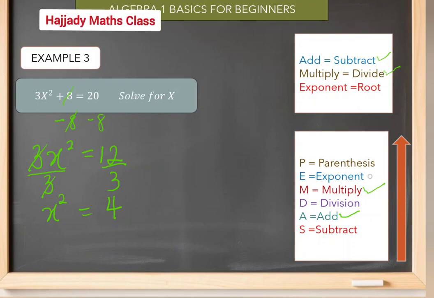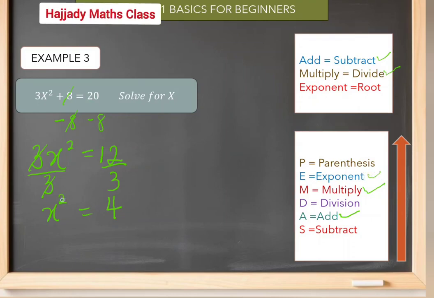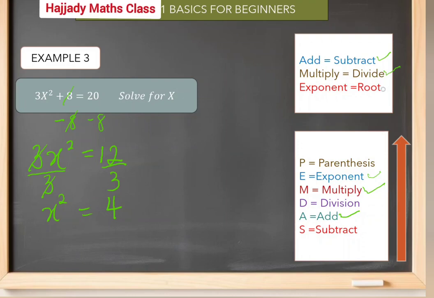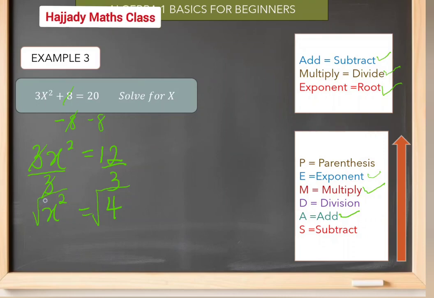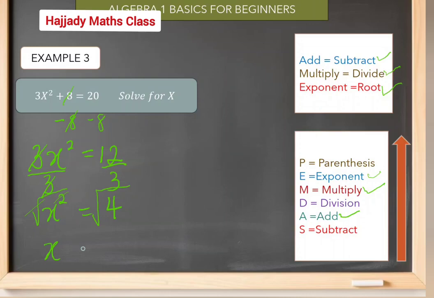Now, going up, do we have an exponent? Yes. The exponent here is the 2. If you have an exponent, what do you introduce? You introduce the roots. That is, you square root both sides. The rule of mathematics says that the square root will cancel out the square. Here we have x. And what is the square root of 4?